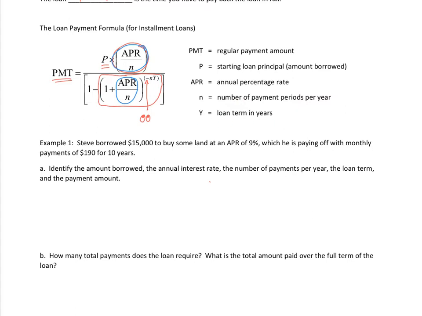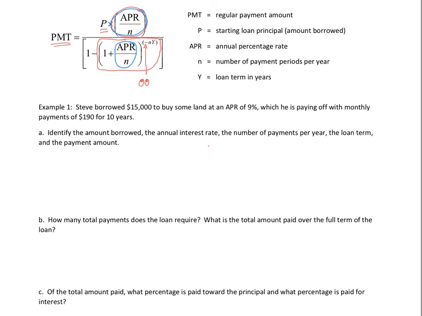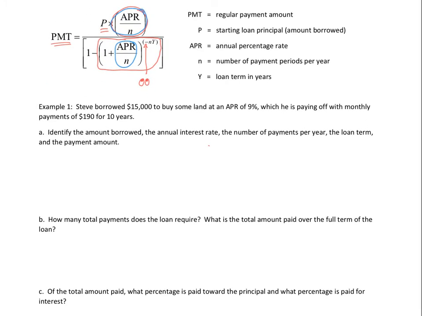So let's look at an example. I'm going to scoot this up as high as I can so we can still see the formula there. So example 1, Steve borrowed $15,000 to buy some land at an APR of 9%, which he is paying off with a monthly payment of $190 for 10 years.